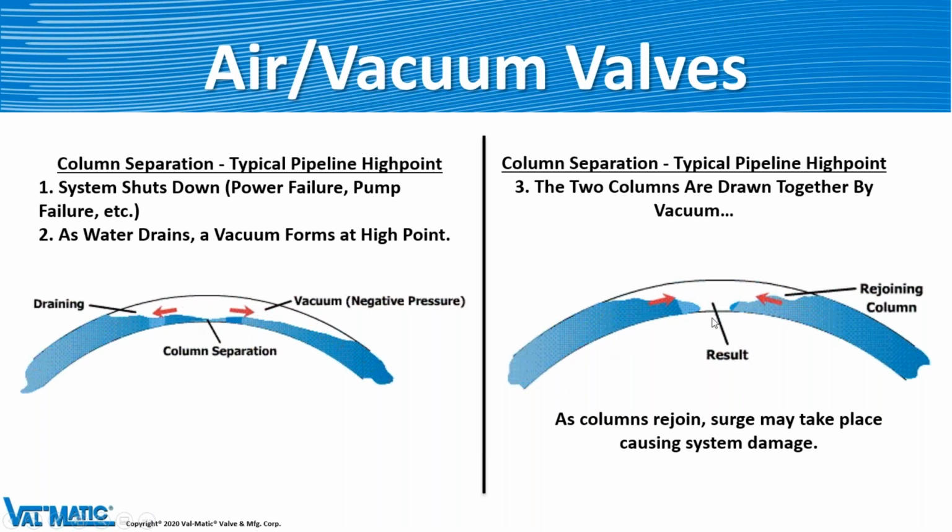And then all of a sudden, if those two columns come back and rejoin because of the vacuum, that's when damage is caused. A huge surge in your pipeline. You're going to get huge amounts of, similar to water hammer, but it's going to cause major problems. So that's where you have to have these air vacuum valves to get that air back out, okay? And then you're okay.